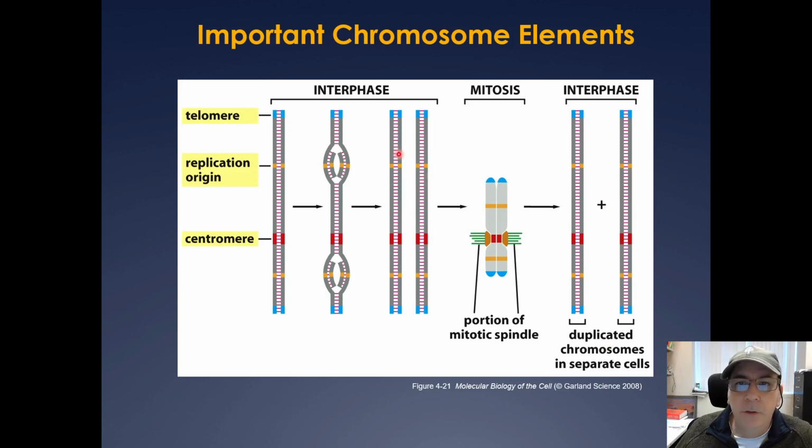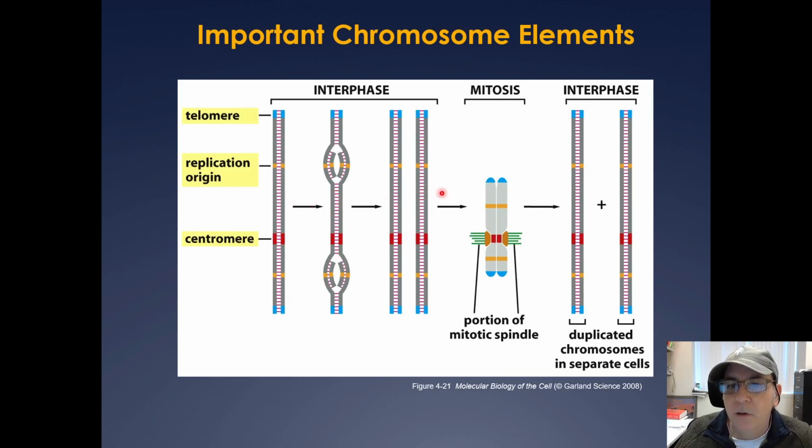And here are some very important chromosome elements that I really want you guys to know. If you look at an interphase chromosome, you have your telomeres and your centromeres, then you have origins of replication. During interphase, when the DNA is being replicated, replication starts at the origins of replication, and you get these replication forks going off, and eventually the DNA is copied.